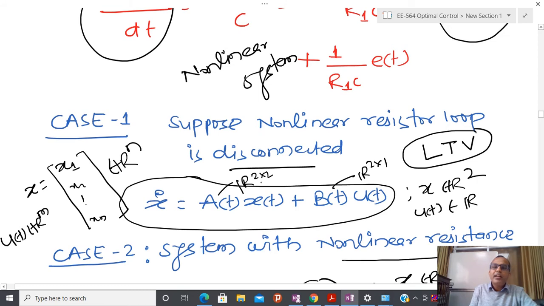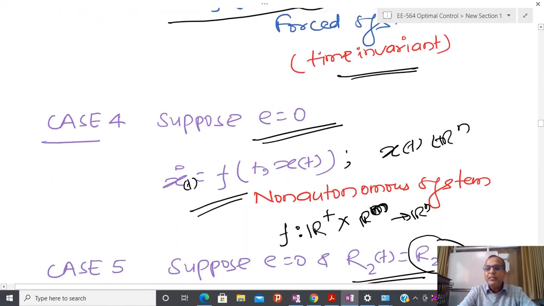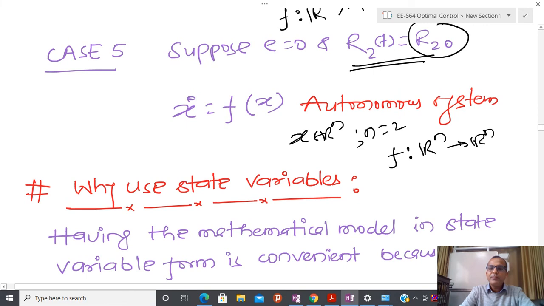If in place of the time varying resistor you put some kind of constant resistor, and you remove the nonlinear element, then A(t) is just converted to A and B(t) is just converted to B, and that is called a linear time invariant system. So try to understand the terminology: I have autonomous system, non-autonomous system, forced system, linear time invariant system, and linear time varying system.